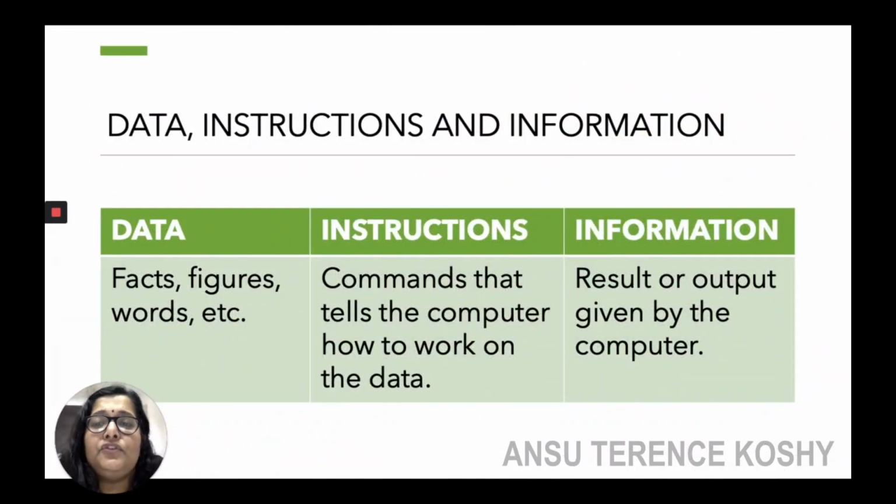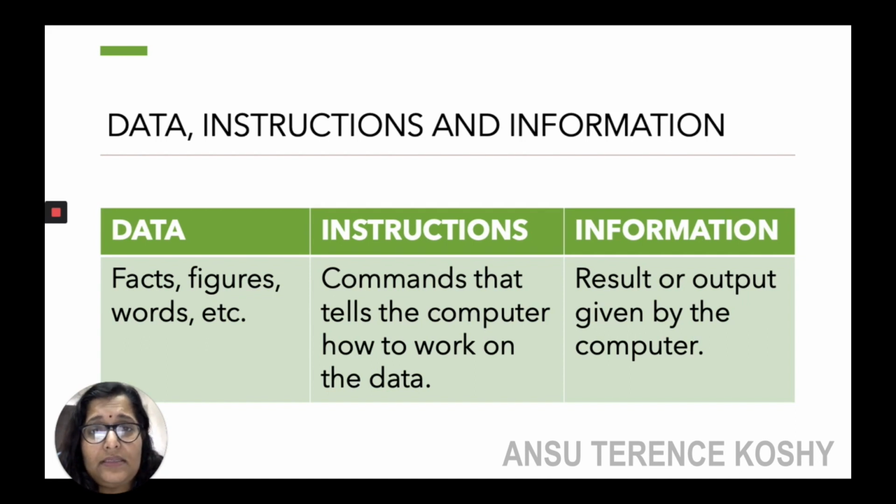Now, I would like to talk about data, instructions, and information. The input that you give to the computer, which can be facts, figures, or words, is considered the data in a computer system. Once the data enters the computer, the commands that tell the computer how to work on the data are called instructions.